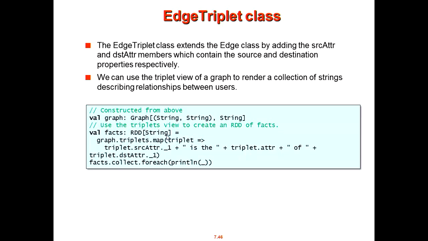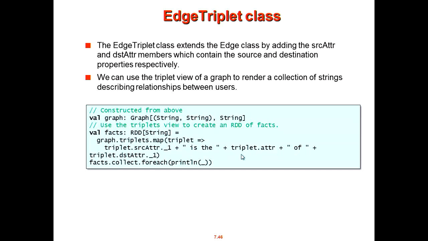The objective is to check what kind of attribute of another type. So this is a source attribute, and we have the triplet. Then we can use the triplets and map to obtain the facts RDD. The triplet source attribute _1 is the name, the first component is a name.